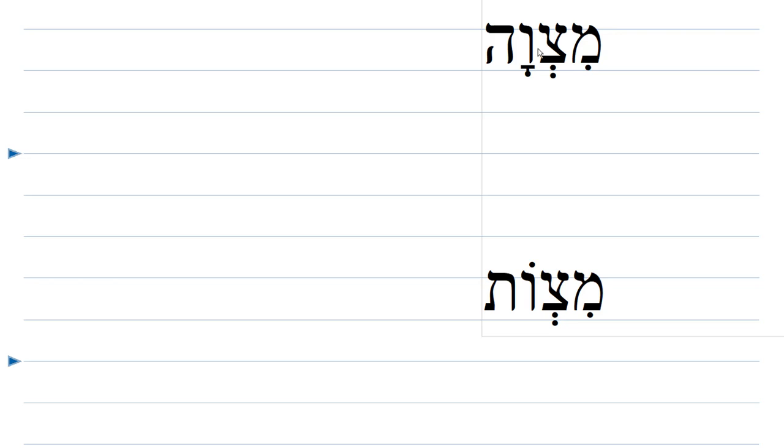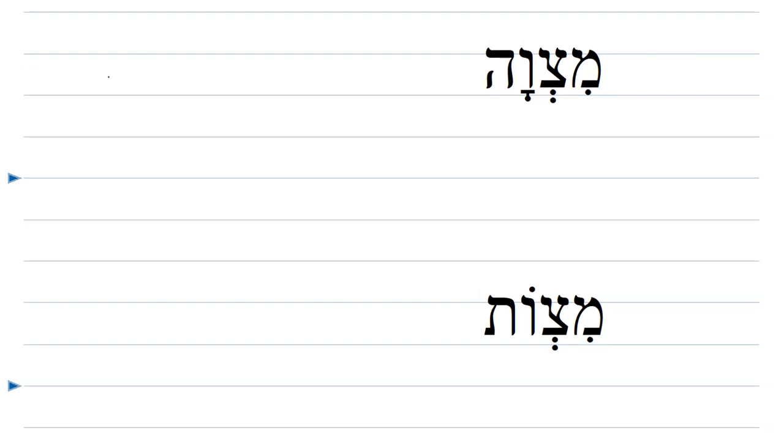Some people pronounce it with a V sound, some with a W. So mitzvah or mitzwah, I say mitzvah. Note we have vav as a consonant followed by the vowel, qamets. And then the hey is, really it's qamets hey, is the final vowel.